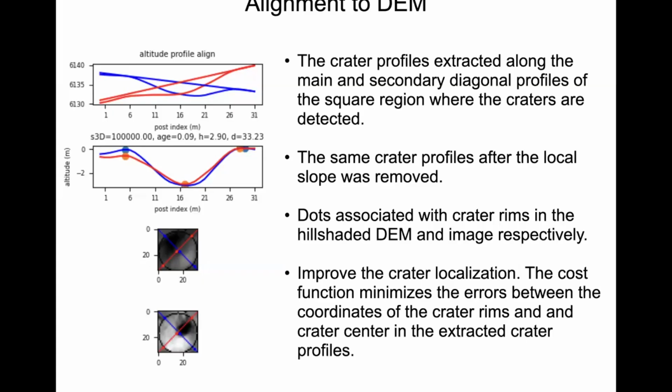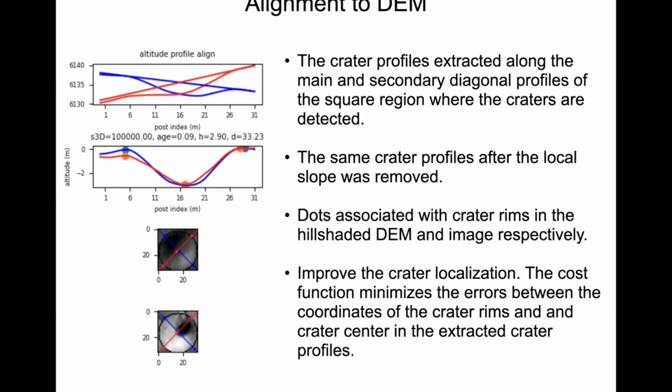However, the result can be improved. In case the original location obtained through image processing is wrong, we can adapt its location, recompute the location of the crater rims and the center, and use this information to find the optimal location of the crater.